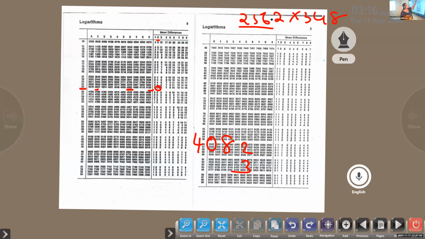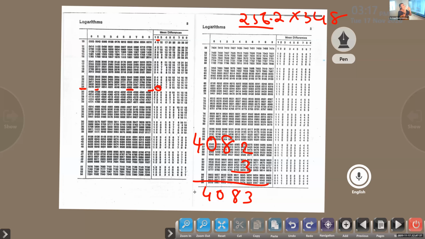So 2562 has 4 digits, 4 minus 1 is 3. So the final answer that you should write is this 4083 as decimals and this number 3. How do you get the number 3? By counting how many digits are in this: total 4 digits, minus 1.